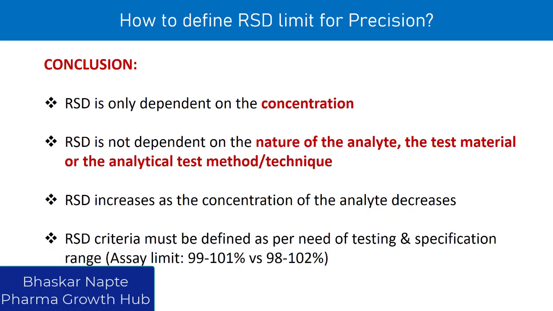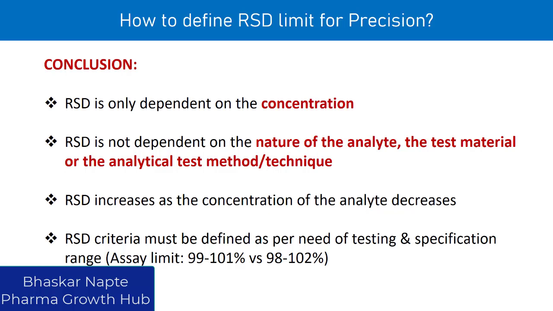And the fourth point is very important, that the RSD criteria must be defined as per the need of testing and your specification range. I have given the example of assay limit of an API, in case it is 99 to 101% versus 98 to 102%. So which assay limit is stringent?